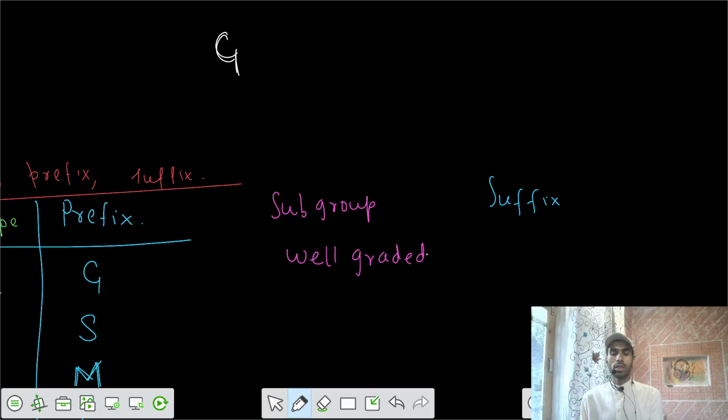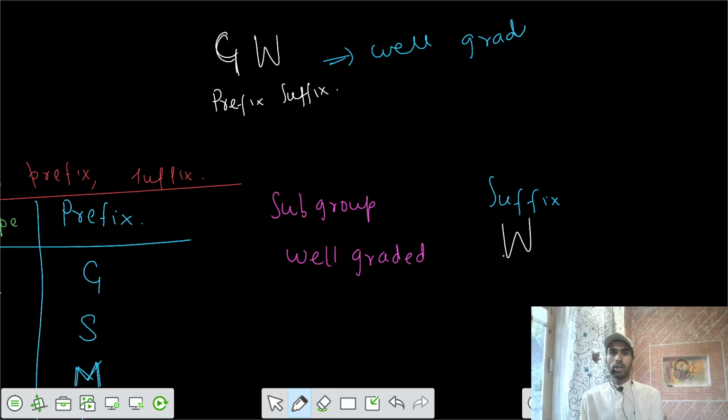Let's say we are going to write GW. This means that your prefix is G and your suffix is W. This means your soil is well-graded gravel. So your suffix W talks about gradation, that it's well-graded. And G is the prefix, the soil type, so this is gravel that is well-graded.